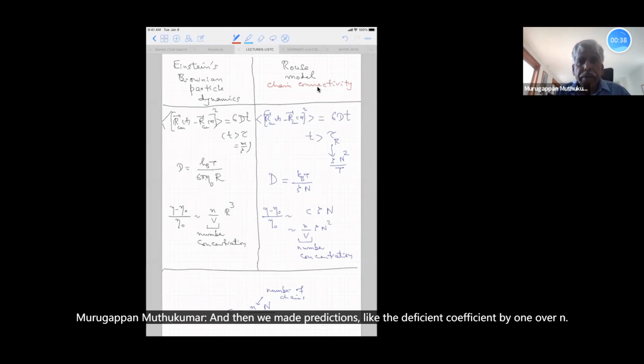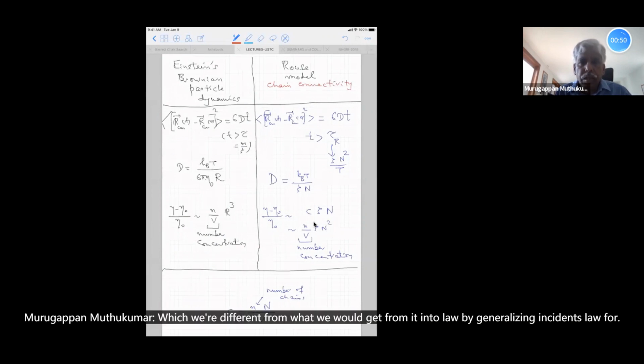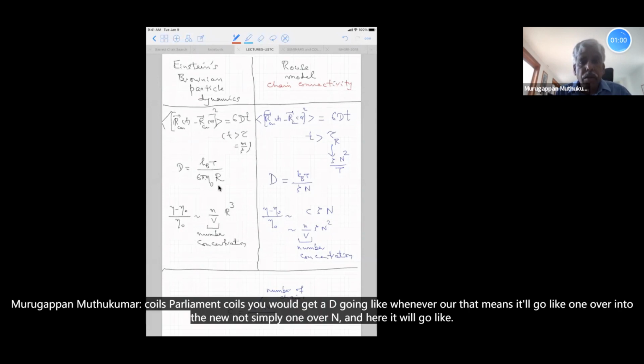And then we made predictions like the diffusion coefficient being 1 over n, specific viscosity becoming n square, which were different from what we would get from Einstein's law by generalizing Einstein's law for coils, polymer coils.